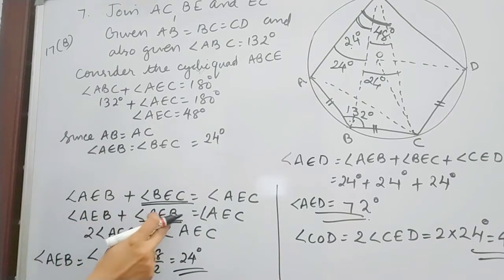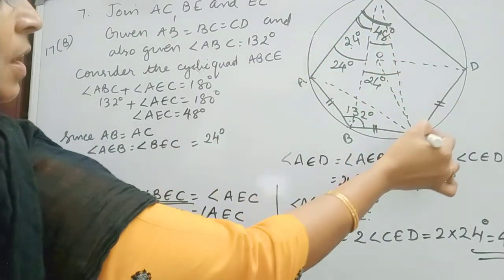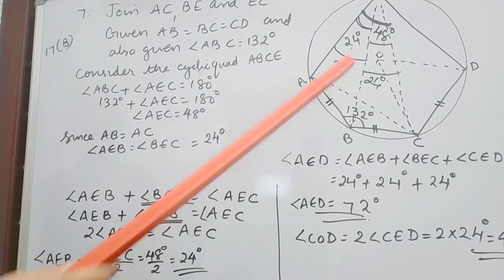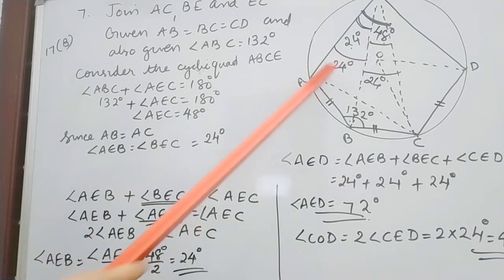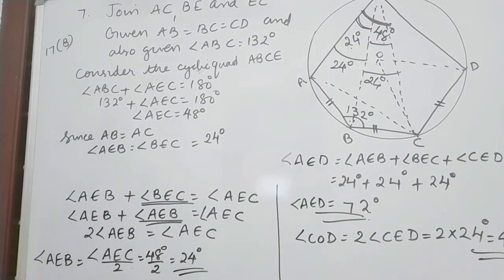So AEB plus AEB is equal to total angle AEC. That is 2 angle AEB is equal to angle AEC. So AEB is equal to angle AEC divided by 2. AEC we know is 48 degree. So AEB will be 24 degree. So we got AEB as 24 degree, already we proved.